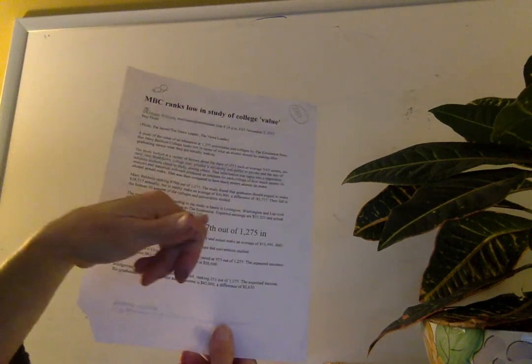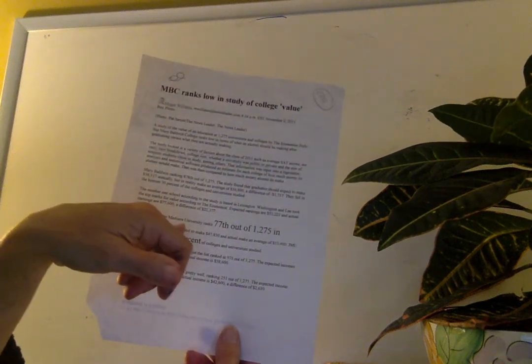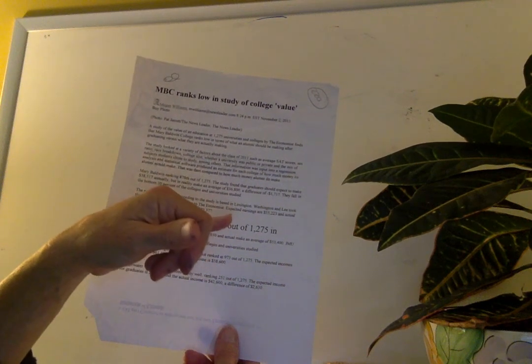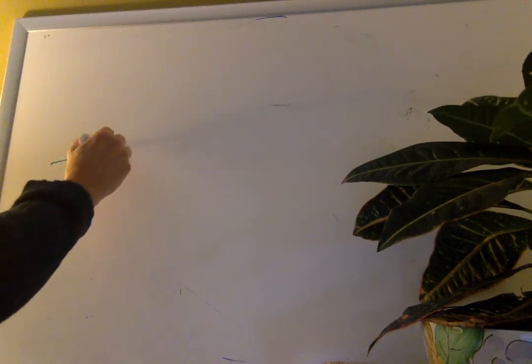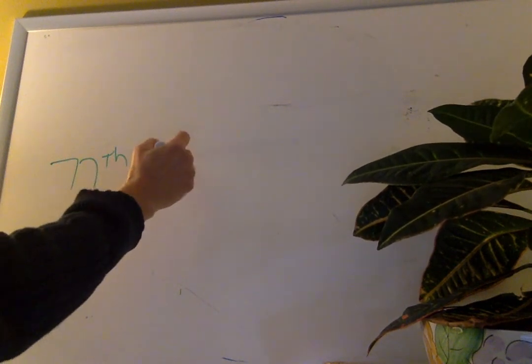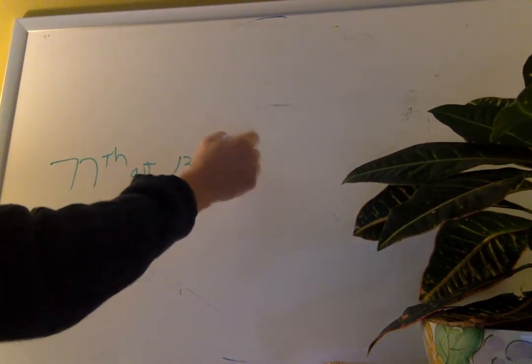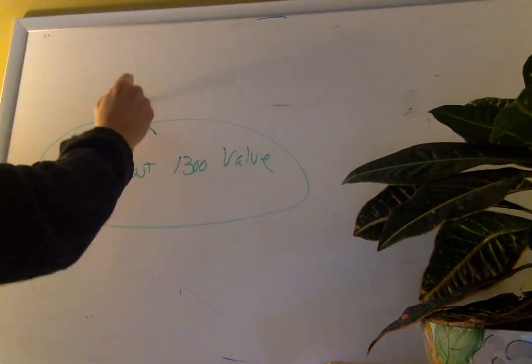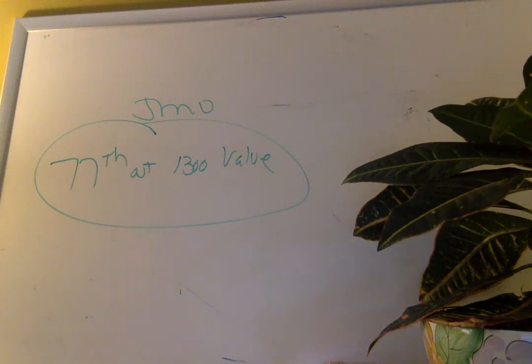So you'll see down here, it says, JMU ranks 77th out of 1275 in value. 77th out of approximately 1,300 in value. I need to make sure you know that is saying JMU is doing good, okay? We're doing good, whether this is a valid ranking or not. We are up at the top, okay?